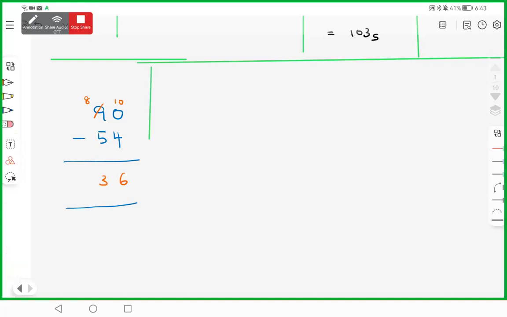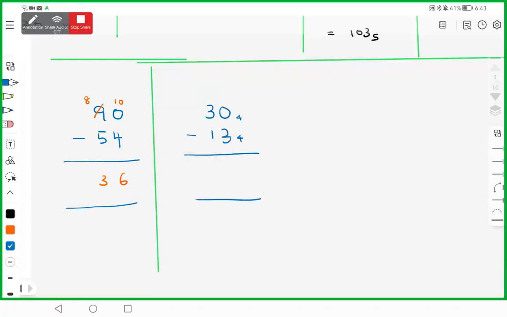Similar concept if you want to try base 4 now. 30 in base 4 minus 12 in base 4. Or 13, okay, similar case. 0 cannot minus 3, so you have to borrow.